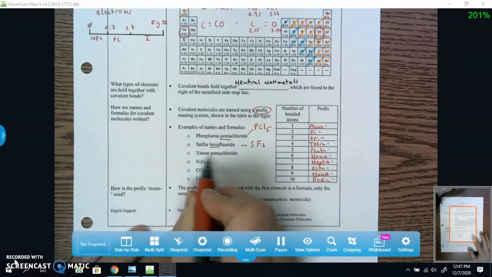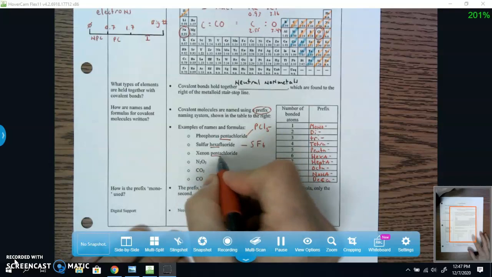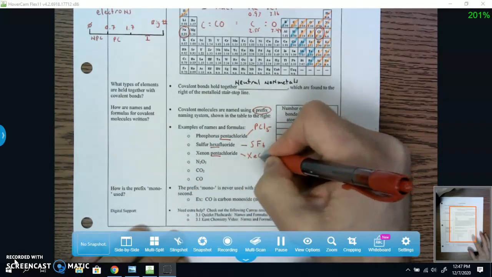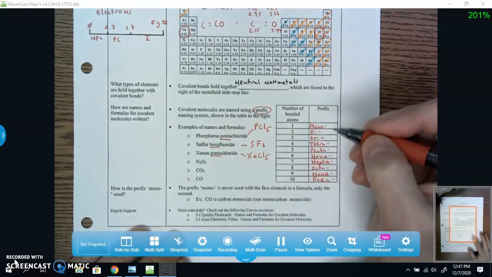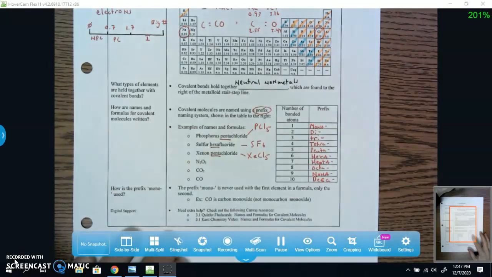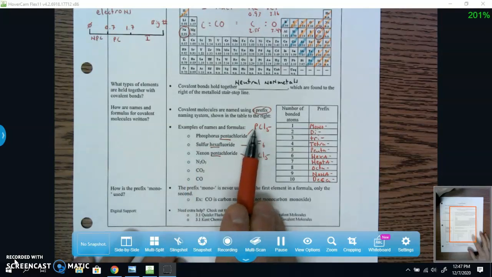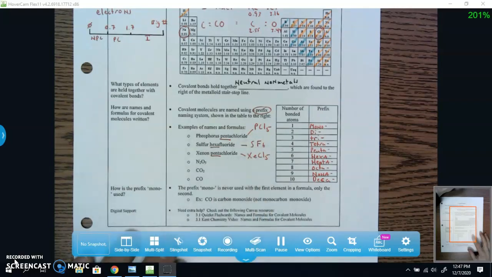The next is xenon pentachloride. This is XeCl5. One thing that you might notice becomes important: see how there was no prefix before the first one? If there's no prefix before the first one, it means there's only one of that first one. That's really the only oddball rule with covalent molecules. We'll touch on this again in just a minute.